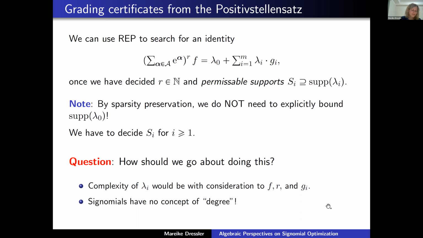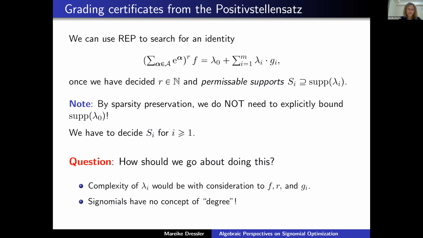And the problem here is that Signomials themselves do not have a concept of degree. For polynomials, the complexity is always measured in terms of their degree. When the degree of a polynomial is large, then it's hard. But for Signomials, we don't have that by itself. There, the complexity more comes from the number of terms.